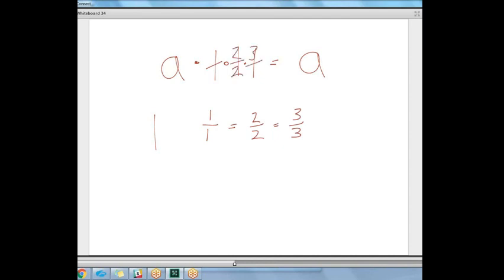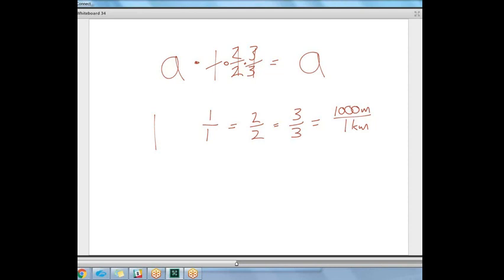Well, another way to represent 1 is with any fraction, so long as the numerator equals the denominator. Right? So I could use any of these. And I can use them as many times as I feel like it. Or I could use that one.